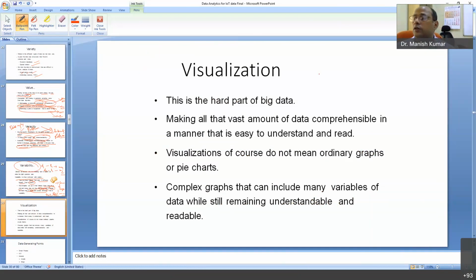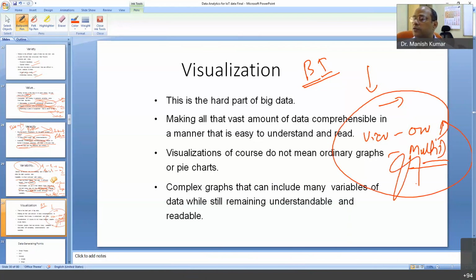Visualization is where business intelligence people are involved. What you want is to put the output of the data analysis in a form that is very simple to understand. The view can be one-dimensional or multi-dimensional.